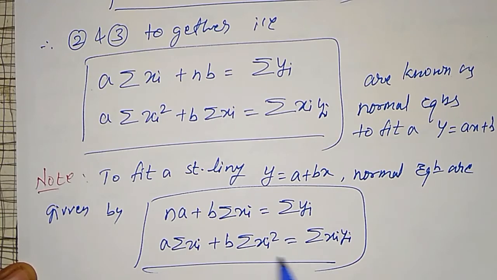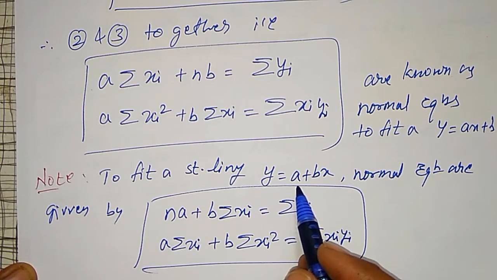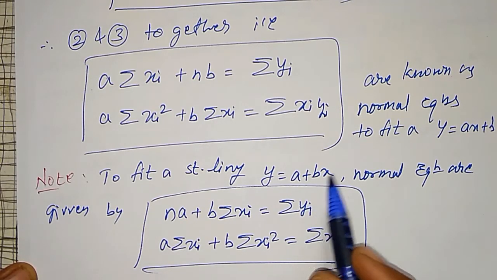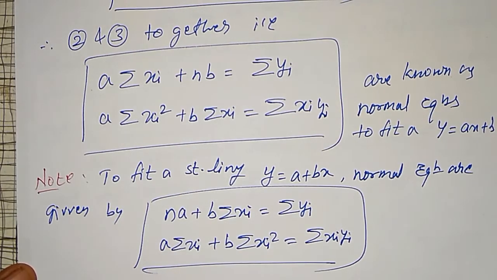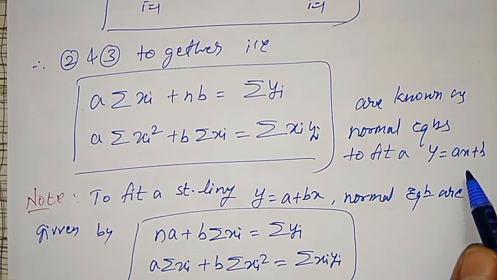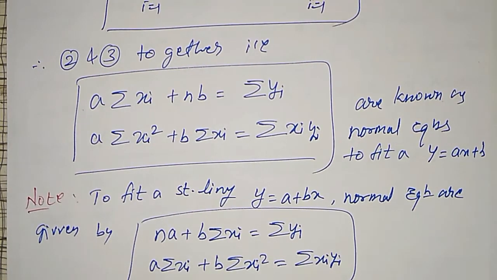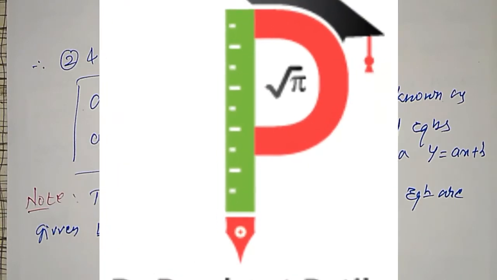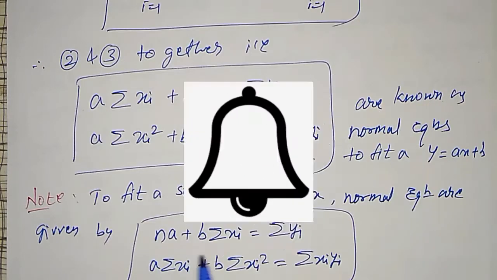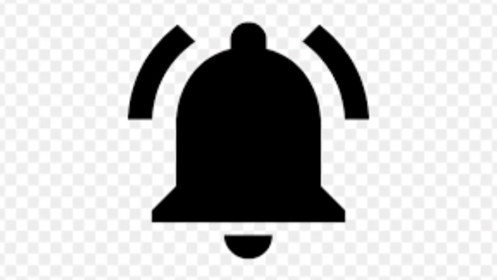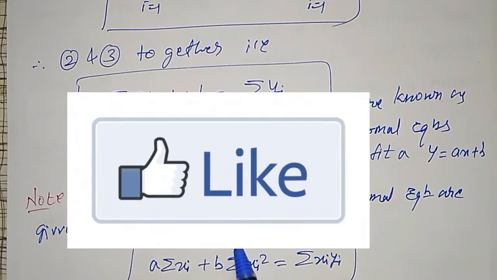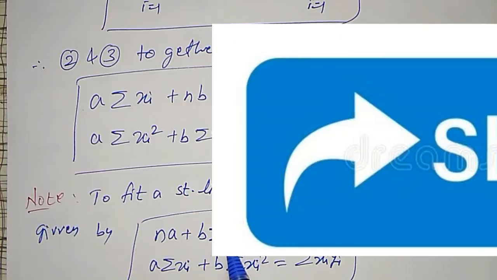These are the normal equations to fit a straight line y equal to a plus bx. These are the normal equations to fit a straight line y equal to ax plus b. There is not much difference. Whichever constant is there, you add that n times, and whichever coefficient is multiplied with x, you take the summation over all the xi values.